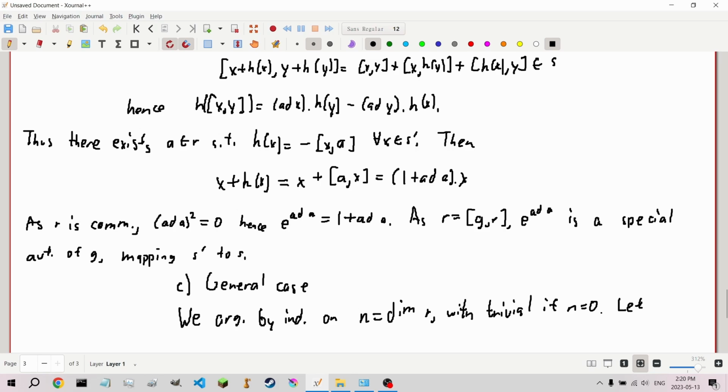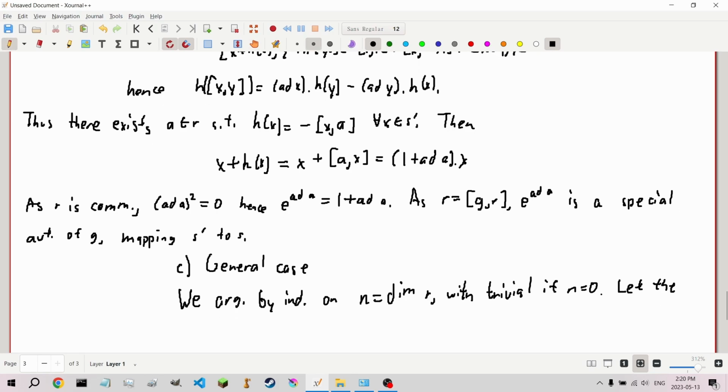So let the theorem hold for Lie algebras with radical of dimension less than n.